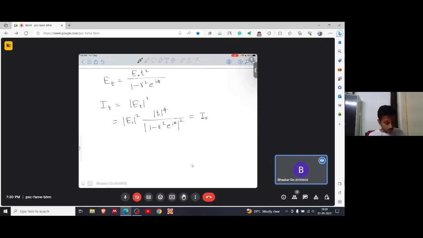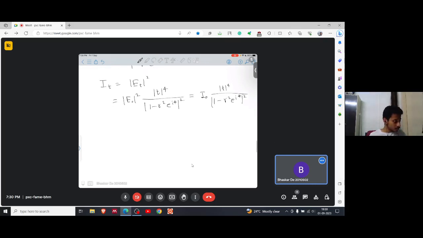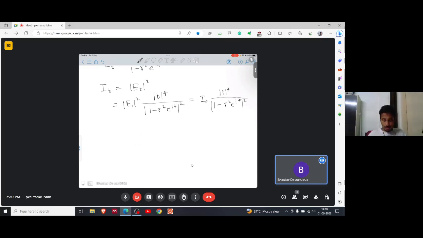It will be I naught t to the power 4 by modulus of 1 minus r square e to the power I phi square, where I naught is equal to the square of modulus of E naught.